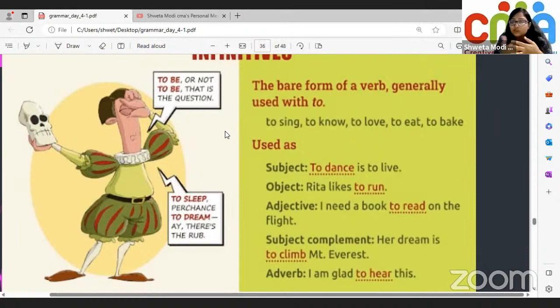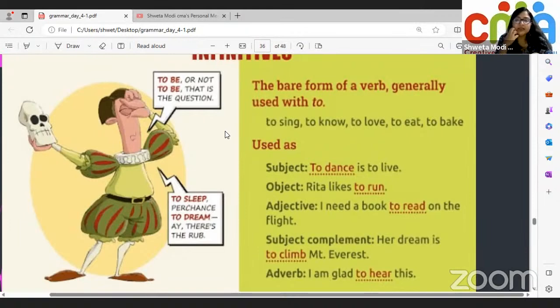It can be a subject complement also. Her dream is to climb Mount Everest. So her dream is the subject, and it is to climb Mount Everest. So that is a subject complement. Or it can be an adverb also. I'm glad to hear this. So don't get confused by whether it is subject, complement, adverb, adjective.